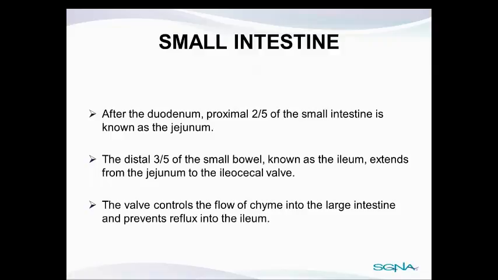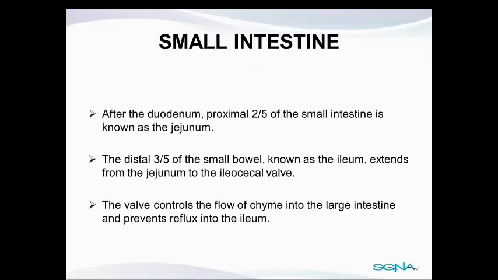After the duodenum, the proximal 2/5 of the small intestine is known as the jejunum. The distal 3/5 of the small bowel is known as the ileum. It extends to the ileocecal valve. The valve controls the flow of chyme into the large intestine and prevents reflux into the ileum.